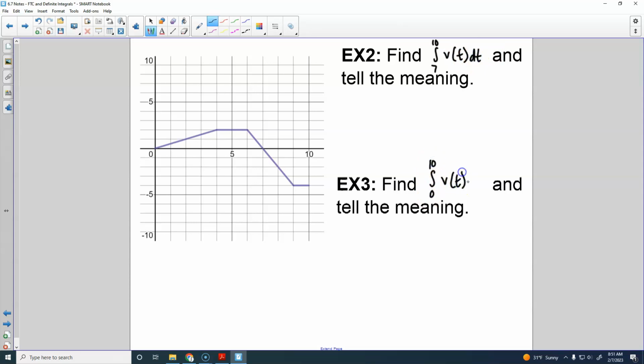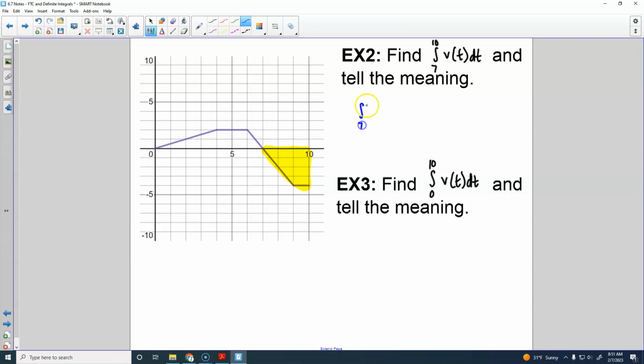v of t dt. Okay, so from 7 to 10, we are looking at this area, right? Once again, it is a trapezoid, or you can make triangles and rectangles out of it if you want.